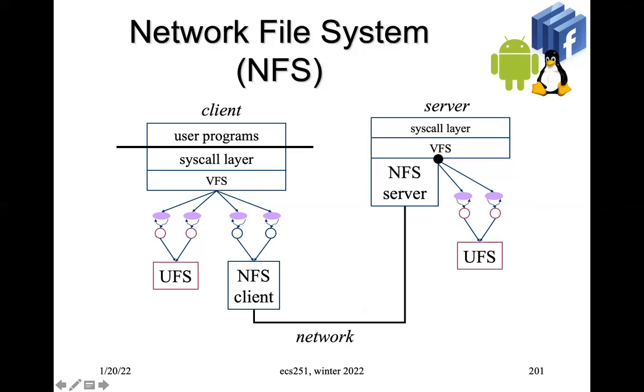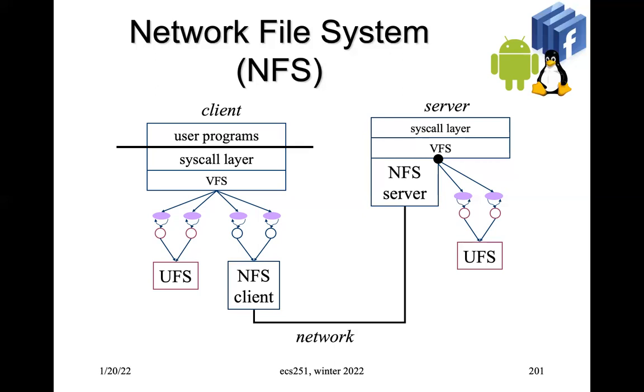It's polymorphism, basically. If you want to access the remote file system, when you open it, it will still trigger this purple interface, which is the vnode standard interface. And that vnode, instead of triggering the inode information, is actually going to trigger the NFS client to communicate with the NFS server on the other side.